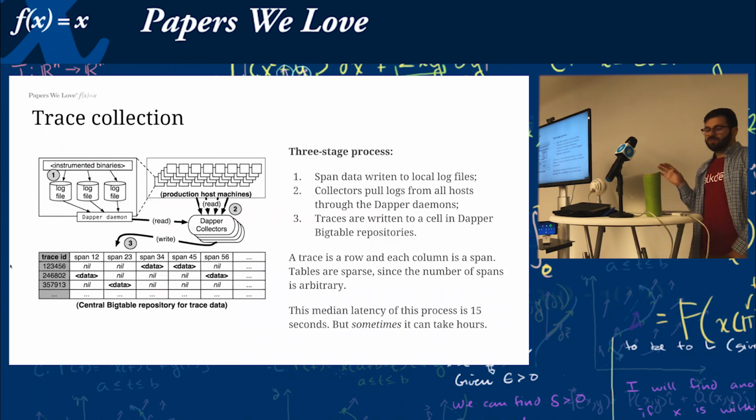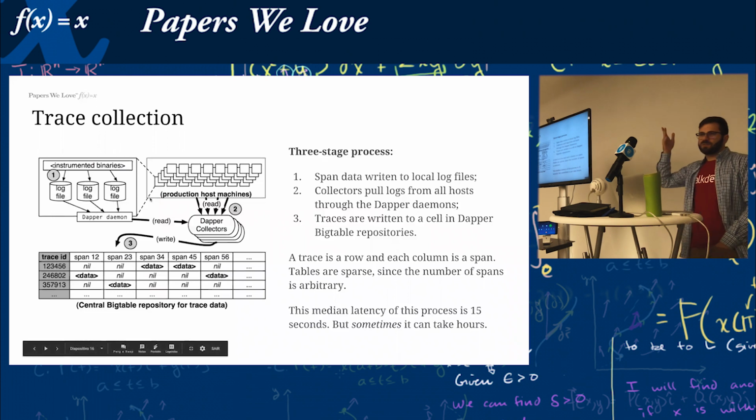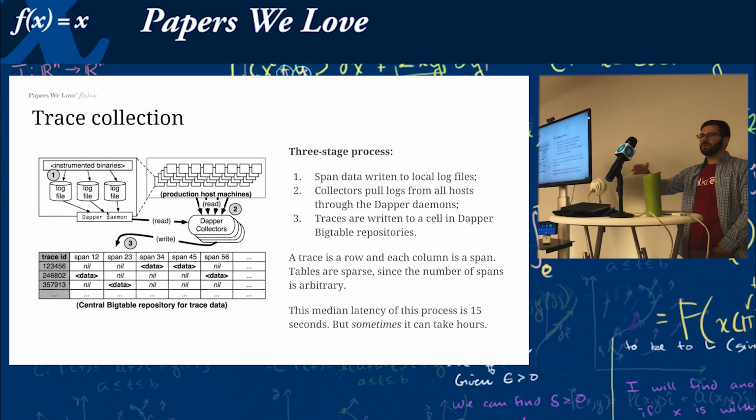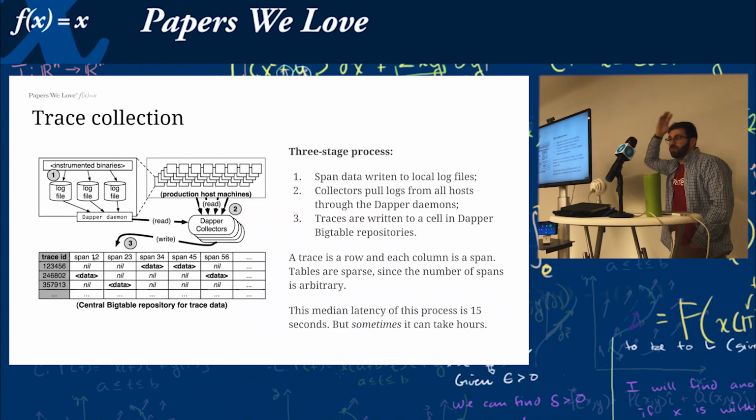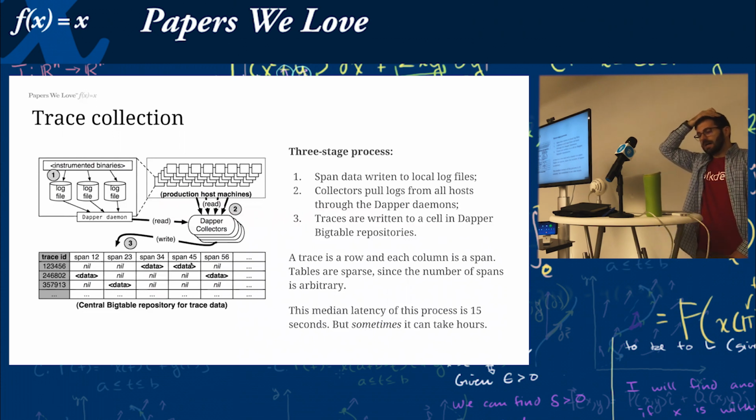The paper doesn't specify, but it probably exposes a port, and these collectors scan every host and gather those traces, and then insert them in the Bigtable repository. Every row on the table is a trace. Every column is a span, those nodes you've seen before, and this can be sparse because requests can have 1, 2, 3, or 4 spans or more, right?